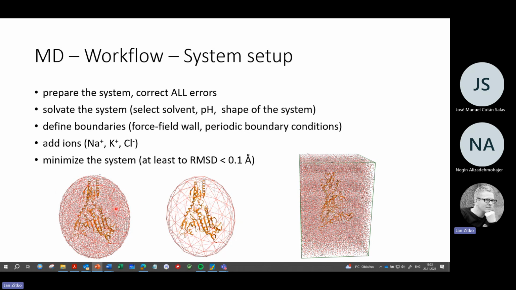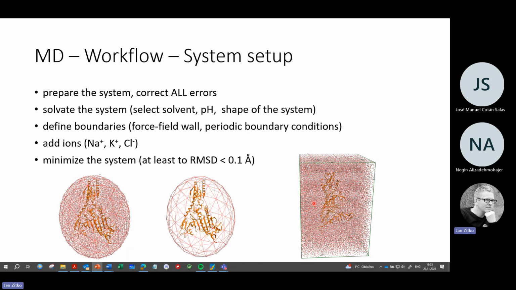of solvent can be organized in different shapes. It can be a sphere, or something similar, or it can be cubic, or just a box.